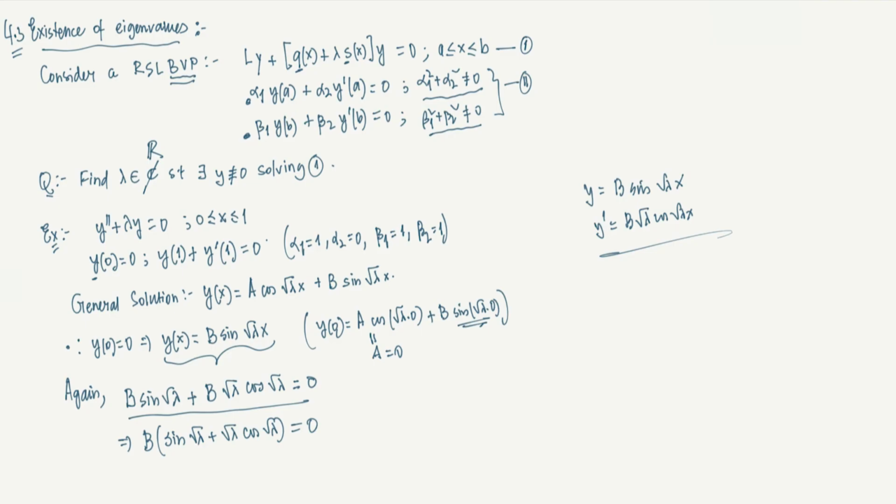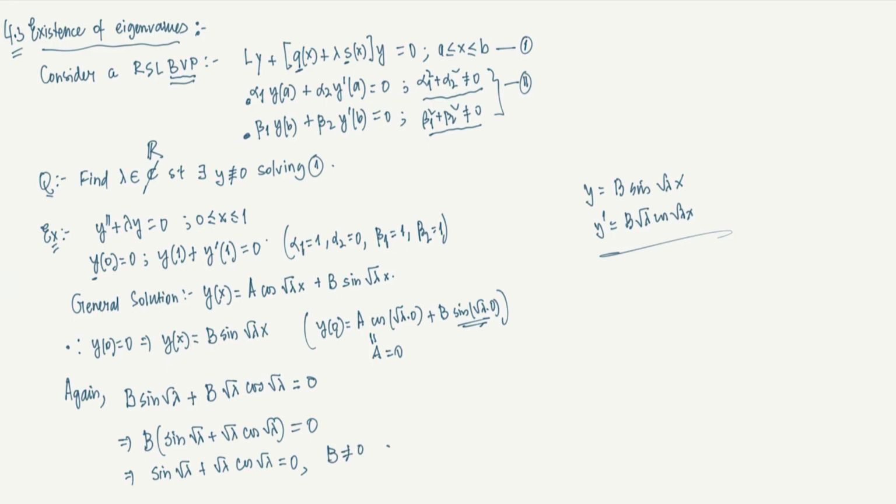But here, we can put either b is 0 or this particular term is 0. If b is 0, then a and b are both 0, and that is not going to give us the eigenvalue. So hence this says that sine of root lambda plus root lambda cosine root lambda equals 0, and b is of course non-zero, because we are looking for a non-trivial solution.